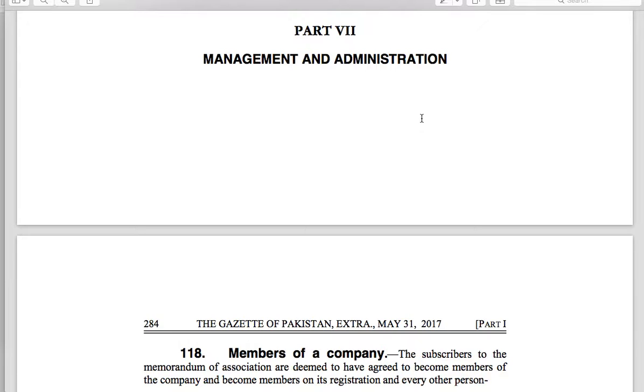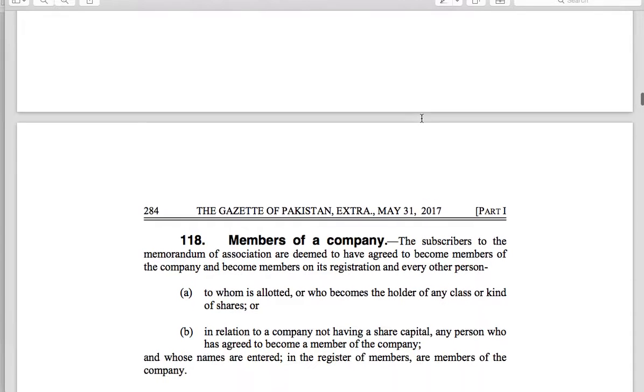The sections that deal with winding up are in great detail, and we can discuss them in another video. But normally when you set up a company, run a company, these are the things you have to deal with: share capital, incorporation, name of a company.